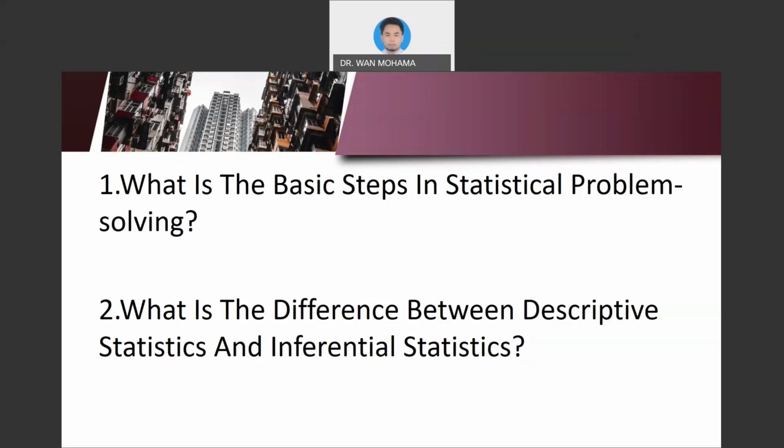After step 2, you have to collect the data. You can use secondary data, or you can use a questionnaire as a tool to get primary data. Why are most researchers currently interested in applying the cross-sectional study, which is frequently used for primary data?